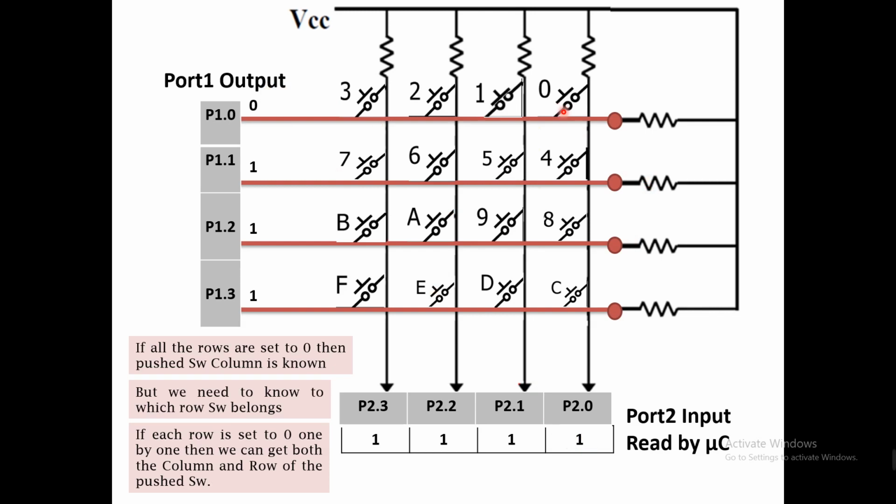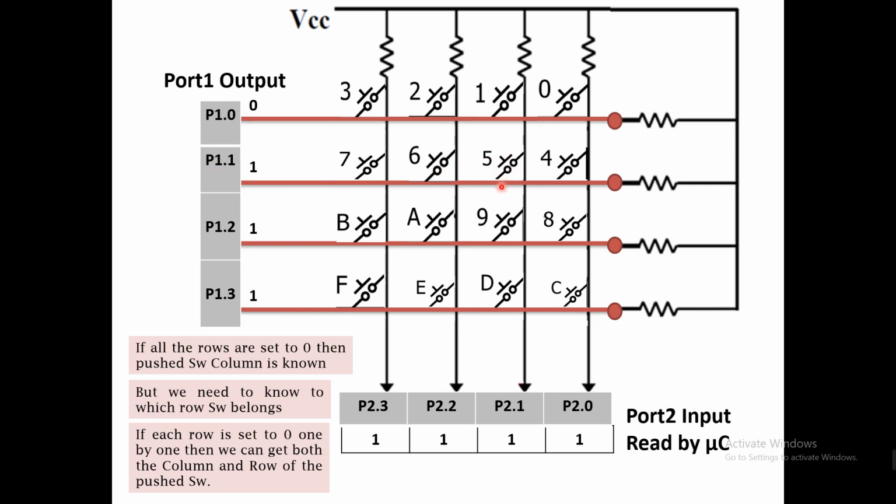Okay, now move to the next. If we press button 1, then this will become 0. Yes, it will become 0 because we set this 0, and all the other values are 1 and none of the other switches is pressed. Even if this is pressed, let's see what will happen.